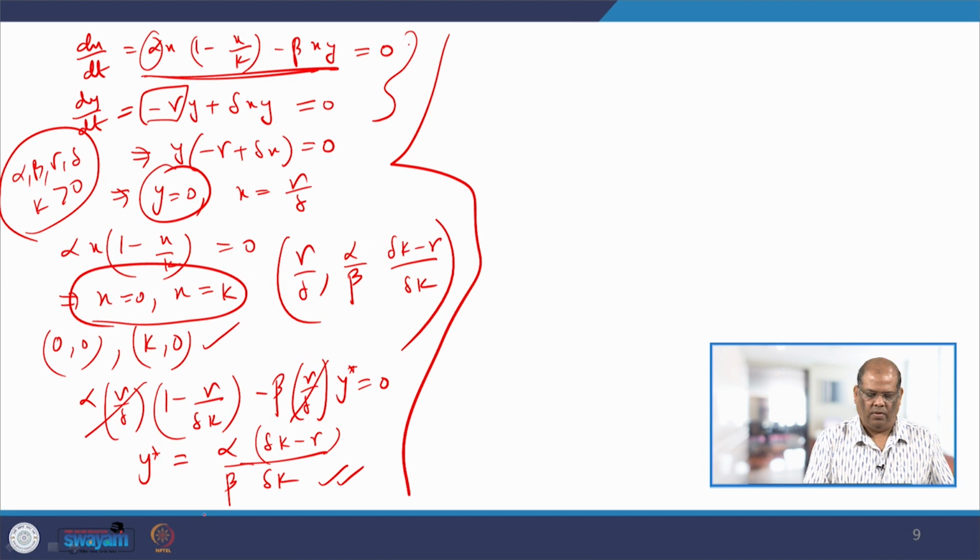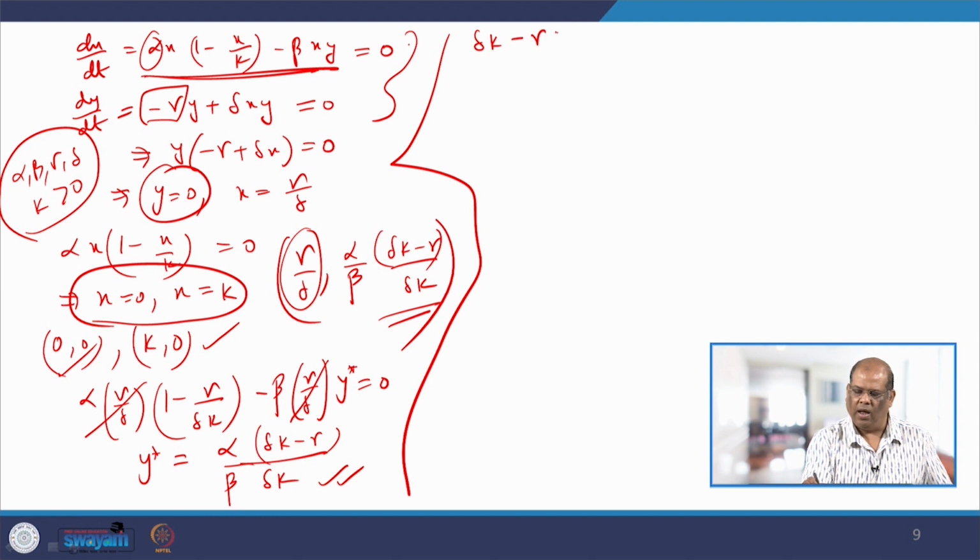So, this is (k, 0), this is (0, 0), and for the non-zero point to be positive, this part has to be greater than 0. So, the condition for the non-zero equilibrium point to exist, if we consider this as a population, is that delta k minus gamma has to be greater than 0.